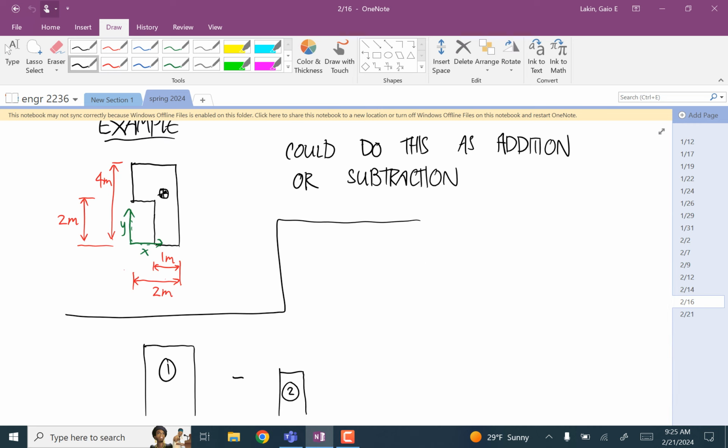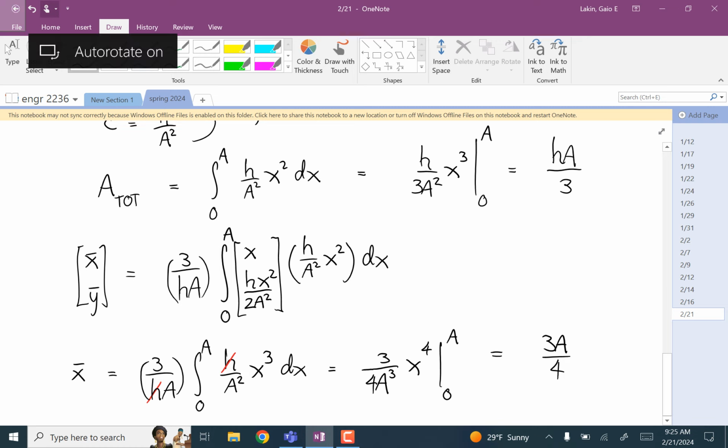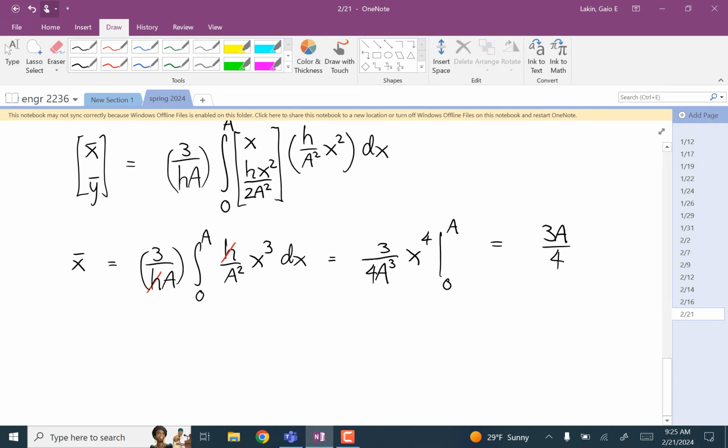And then for the y, y bar is equal to 1 over the area times the integral from 0 to a of h squared x to the fourth over 2a to the fourth dx.